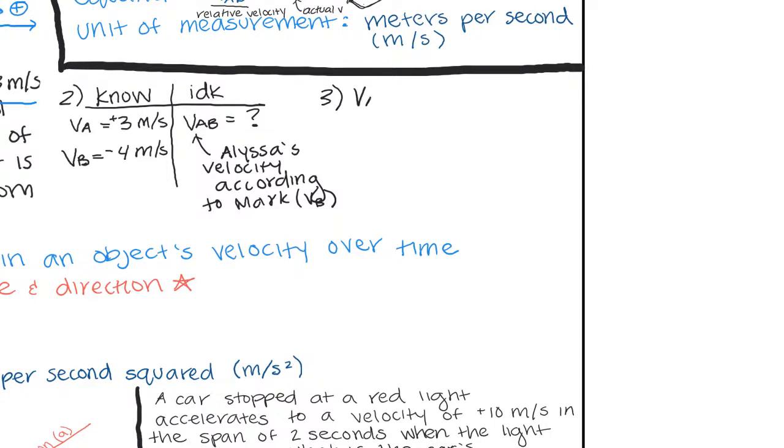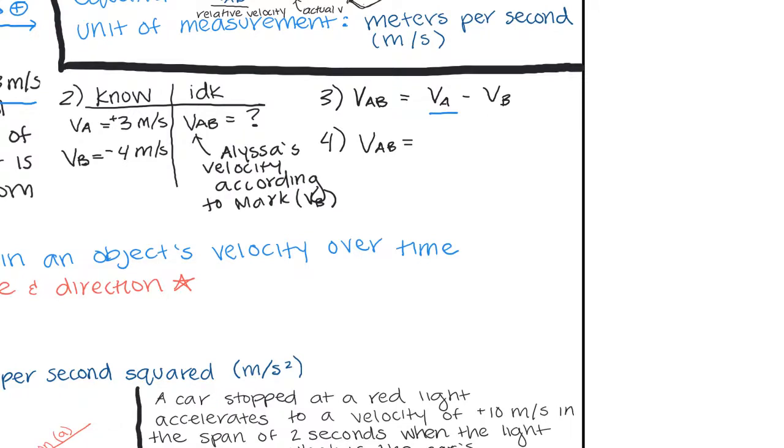So I'm going to write VAB equals VA minus VB. Now let's just plug these things in. We don't know what VAB is, so we're going on to step number 4. I'm going to leave VAB as is. We do know what VA is.